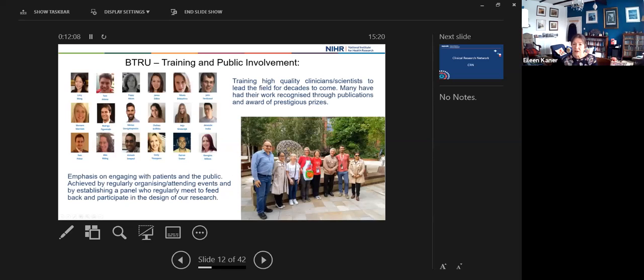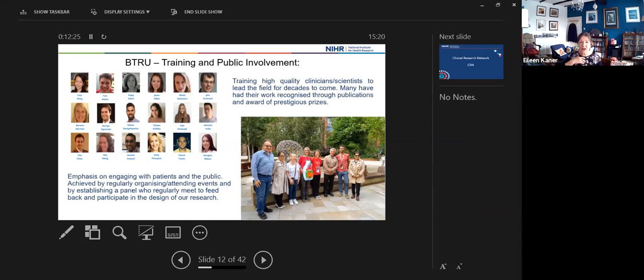The BTRU, and this was really interesting, I think I can see Irene Salisbury on the photograph in the bottom right. But apart from the work it's doing on transplantation research and grafts, it's got a real strong emphasis on engaging with patients and with the public.